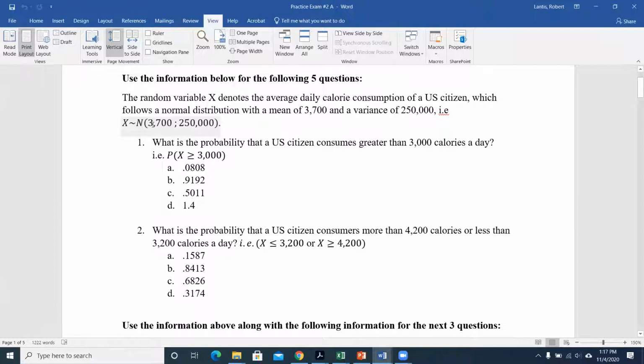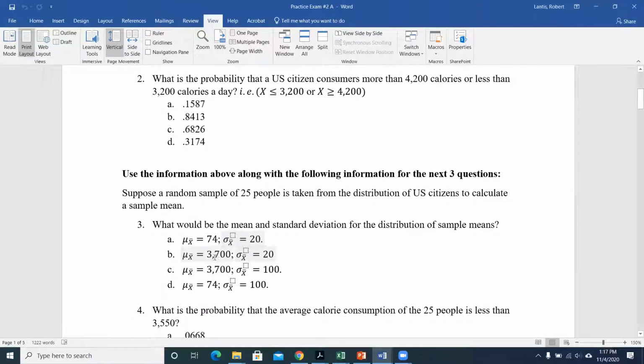We'll get a mean of 3,700, so either B or C here. And then the standard deviation: if the variance of our sample means is the original variance over our sample size, then the only other thing we have to do to get the standard deviation is take the square root.